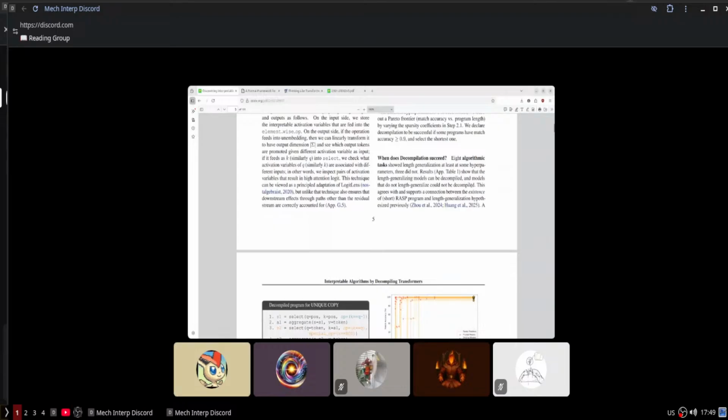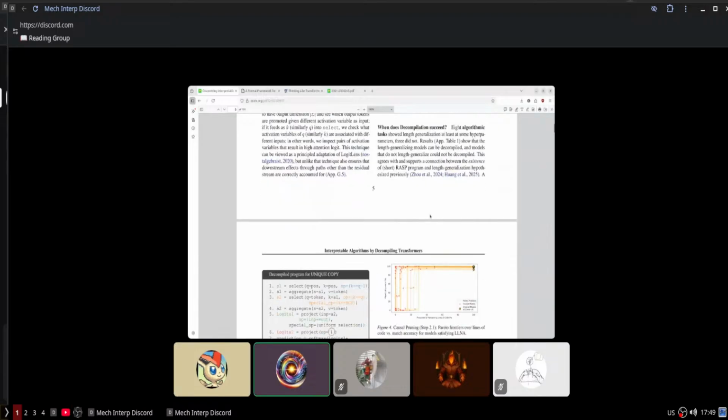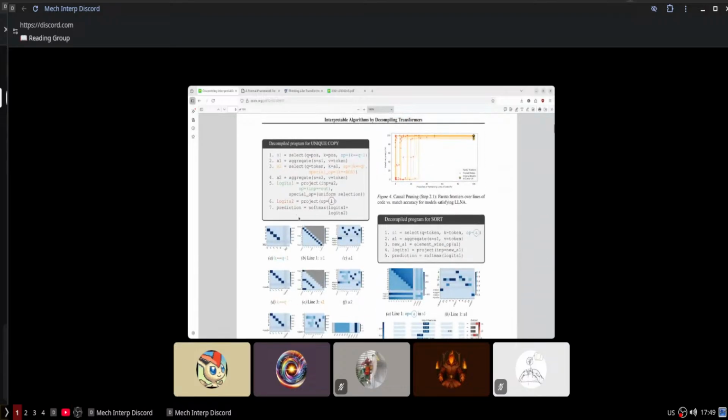I'm now going through the unique copy example. Okay, so they select. First it's query k, and the operation is k equals q minus 1. Makes sense. So this just looks at the previous position.